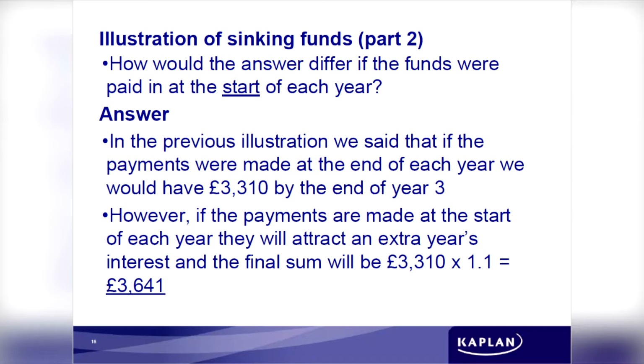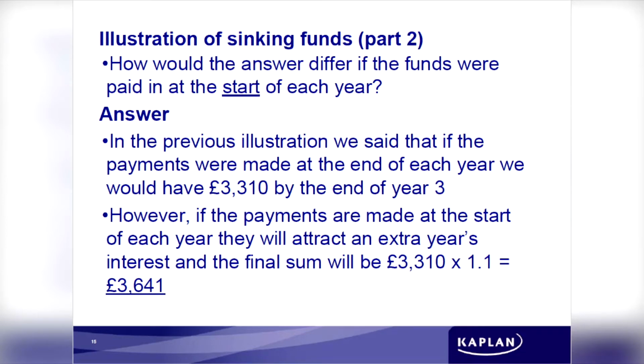So what that means is, rather than wait to get my first payment at the end of the first year, I'm getting my first interest payment at the beginning of the first year. Then at the beginning of year 2, I'm getting a payment. At the beginning of year 3, I'm getting another payment. You see now? So that means I'll get 1 extra payment.